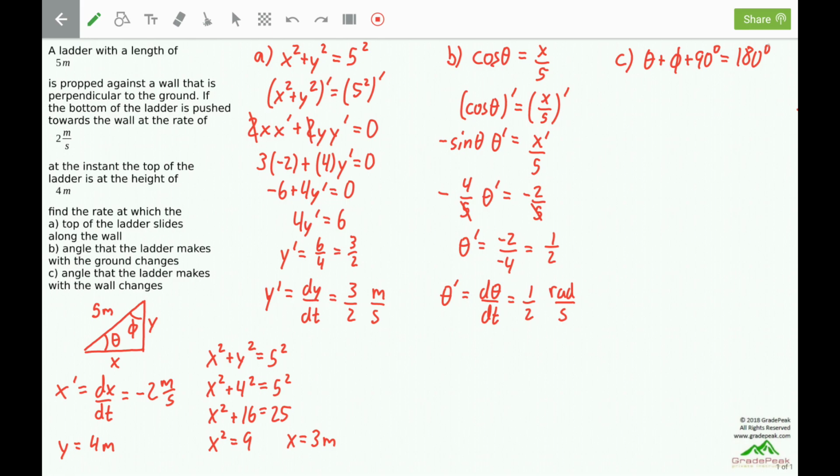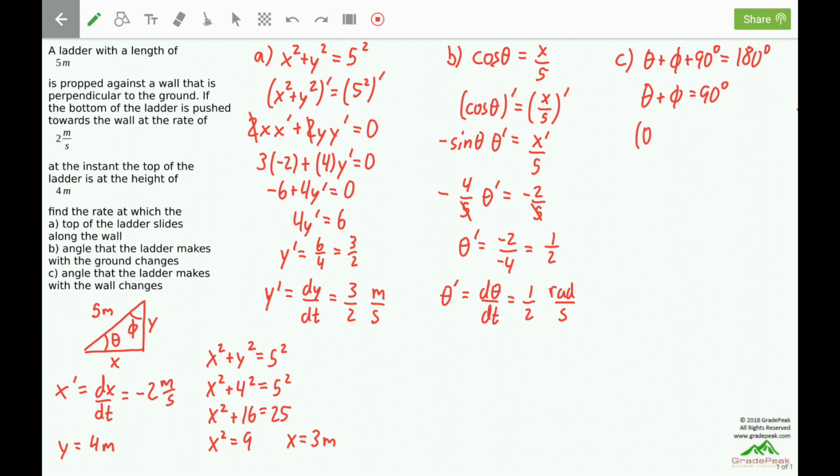And we can now subtract 90 degrees from both sides, and we have theta plus phi equals 180 minus 90, which will just be 90. And there's our related variables equation.